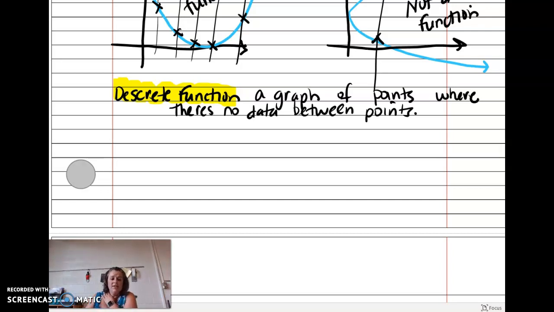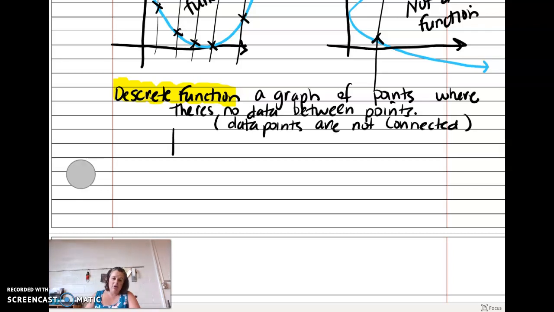And in this case, if that's true, we do not connect the dots. Because as soon as I connect the points, the line in between represents that there's data in between there. And if there's no data, then I can't show that there is.